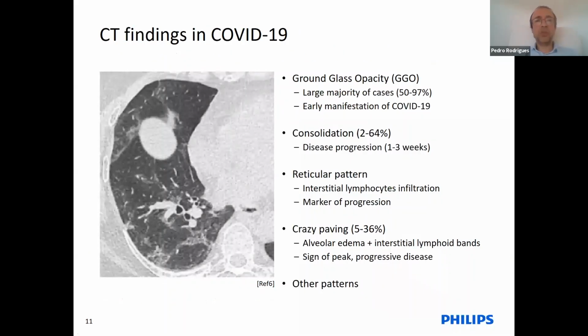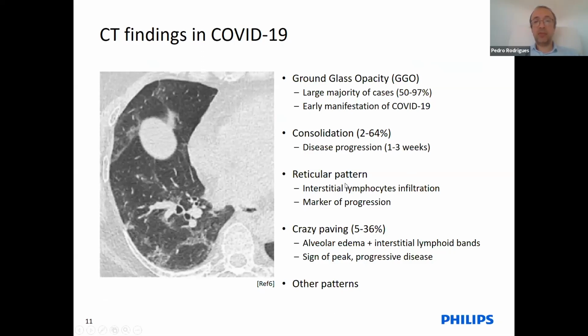So the early manifestation of COVID-19, in a large majority of cases, is ground glass opacities. With disease progression, usually starting between 1 to 2 weeks, consolidation will appear, as well as in a significant number of patients.